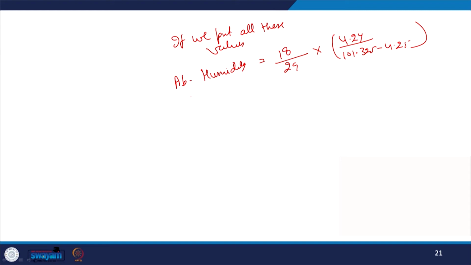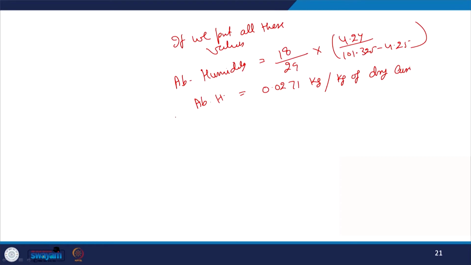So this is the absolute humidity calculation, and it comes out to be 0.0271 kilogram per kilogram of dry air.